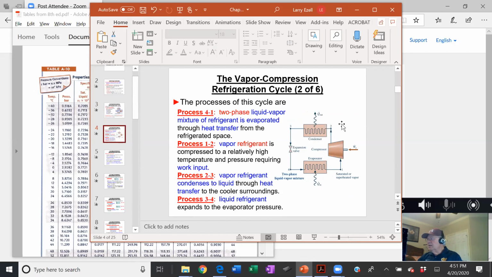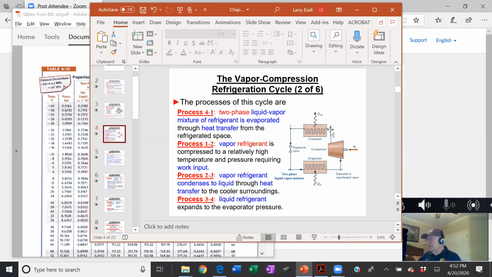If I want to heat a house, then I move the condenser inside and use the same cycle. What happens is now the evaporator's outside in the cold weather, and I get this nice heat input from the compressor, and now the condenser puts out hot air, and so you can use it to heat.